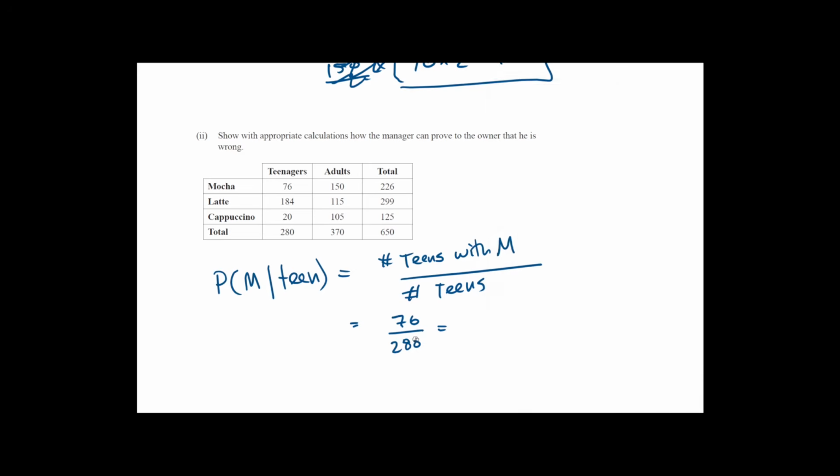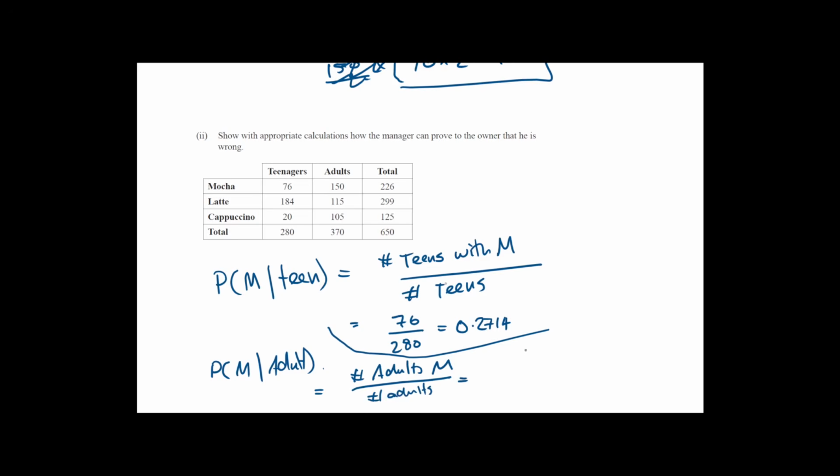0.27. 0.2714. All right. Now, the probability that you're a mocha drinker when you're an adult is going to be equal to the number of adults who drink a mocha over the number of adults.